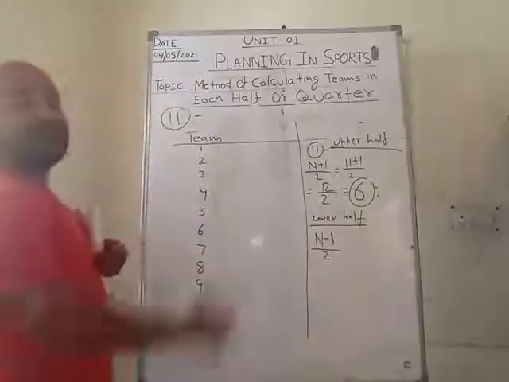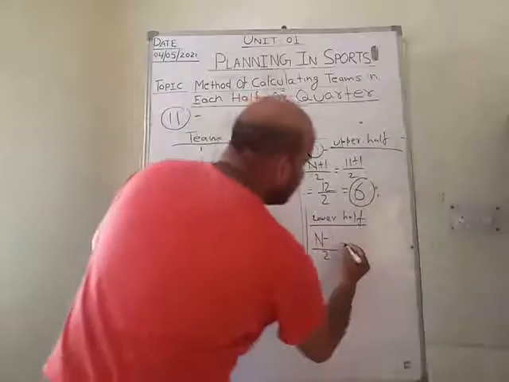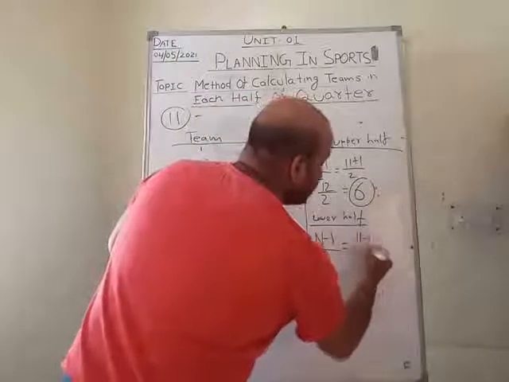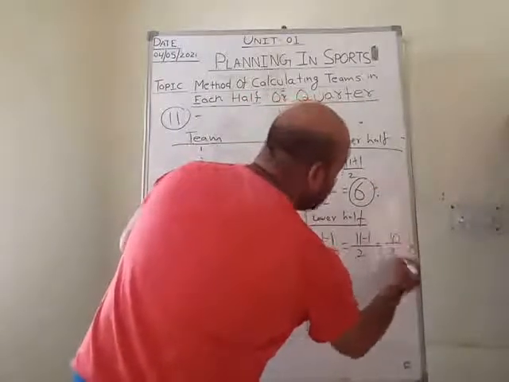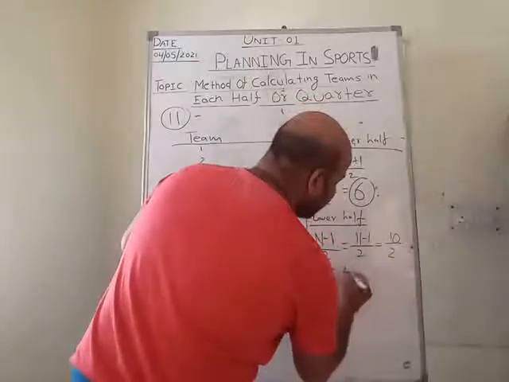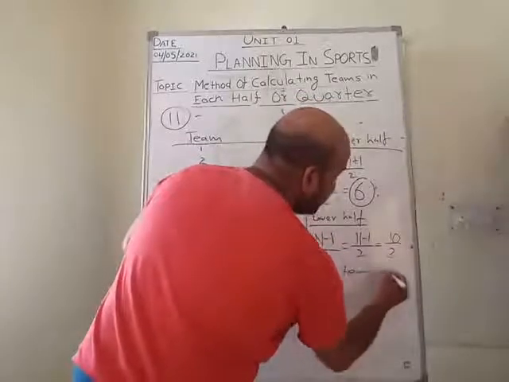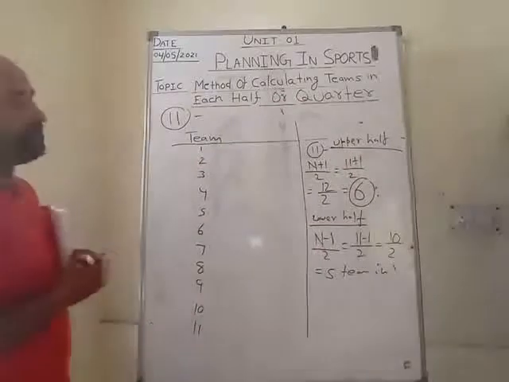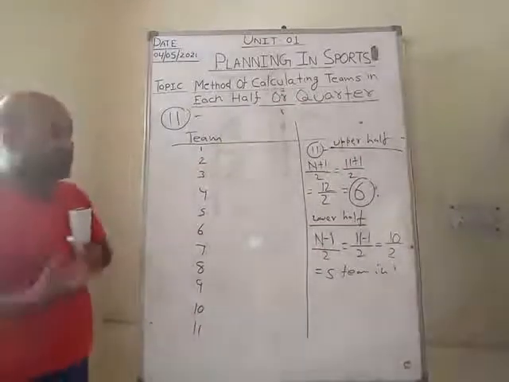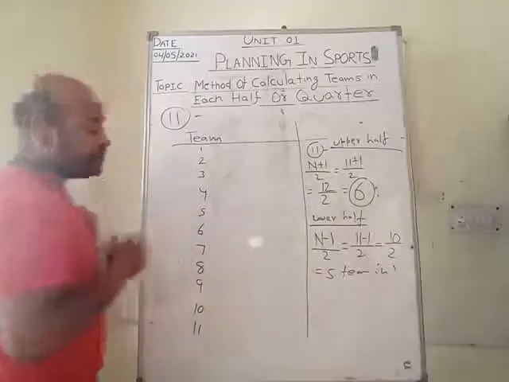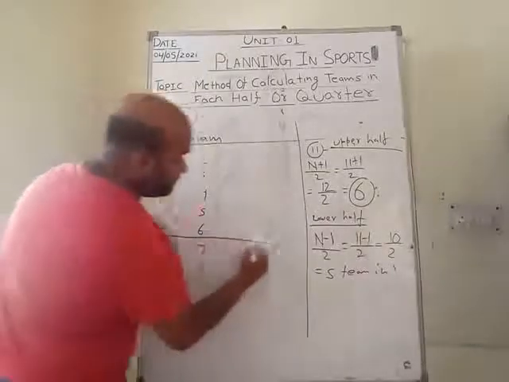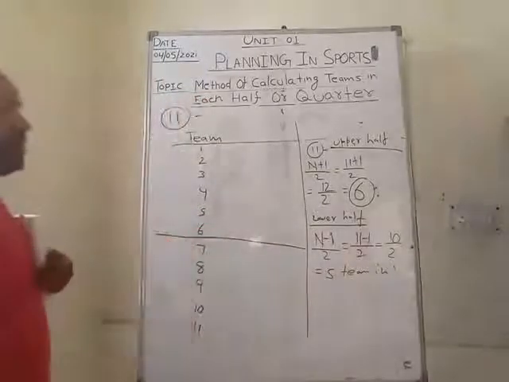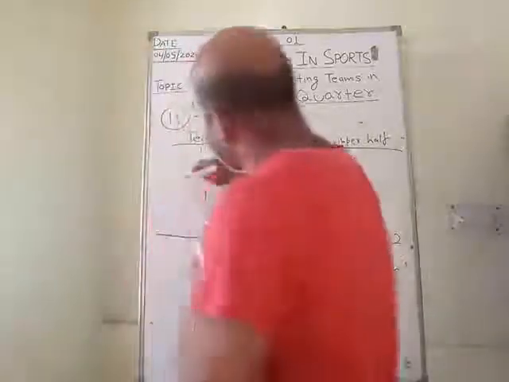The formula of the lower half: 11 minus 1 upon 2 equal to 10 upon 2 equal to 5 teams come in the lower half. Okay, so for the fixtures, there are 6 teams in the upper half and 5 teams in the lower half.